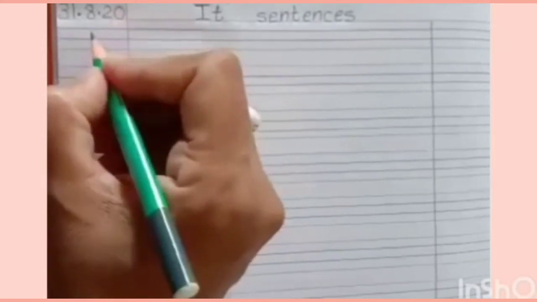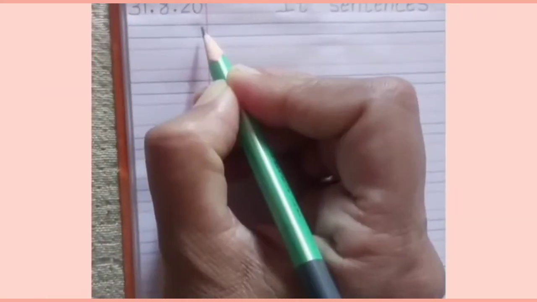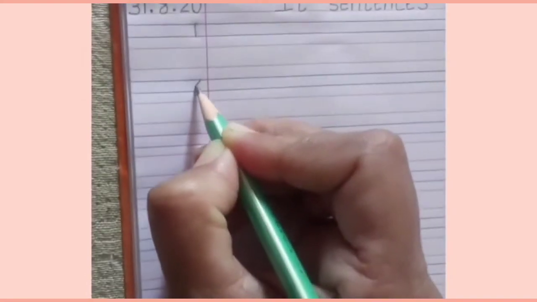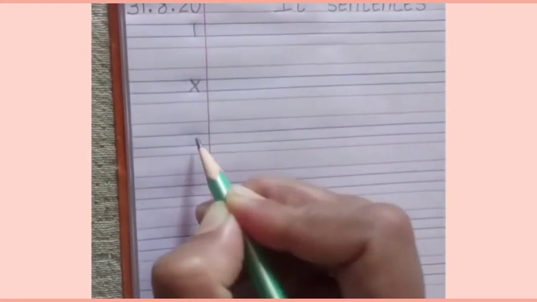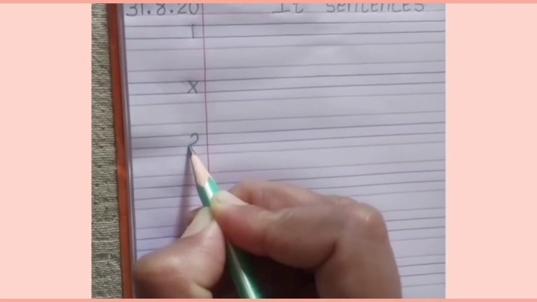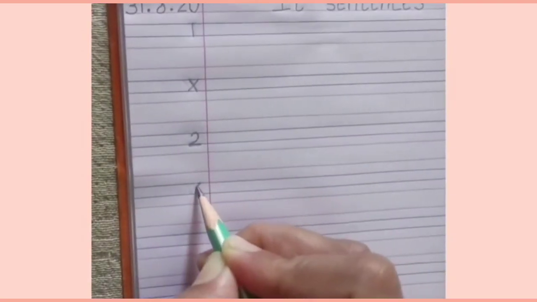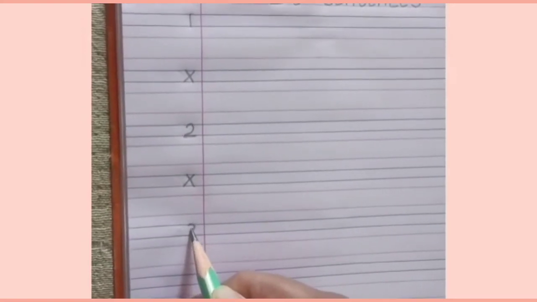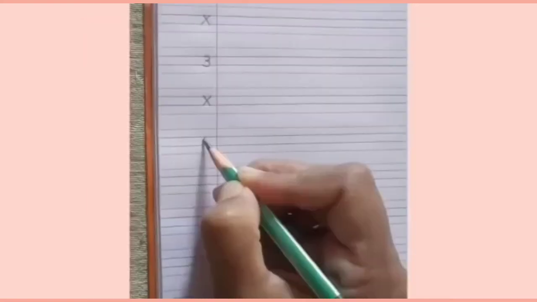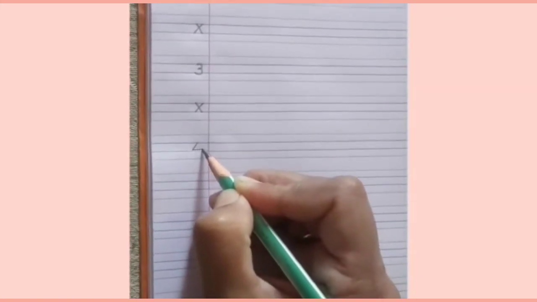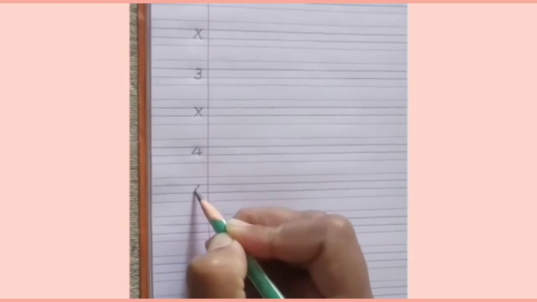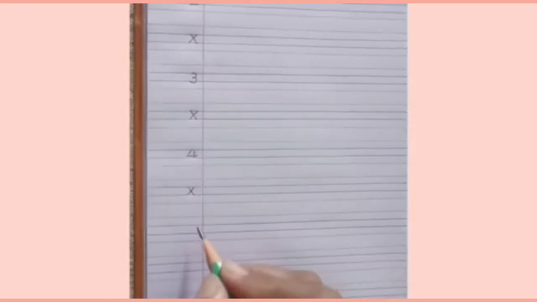So on the first line, number 1, cross, 2, cross, 3, cross, 4, cross, 5.